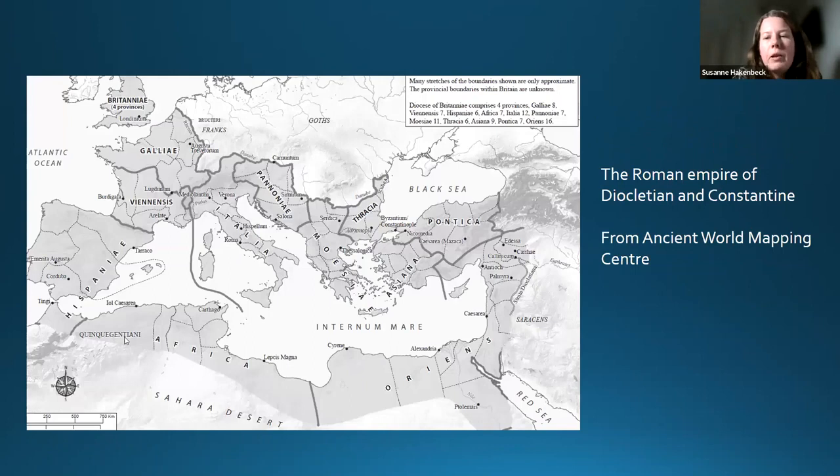So the importance of river frontiers of the Roman world is something that's been very long understood. So if we just look at this map here, we can see very clearly how certainly in Northern Europe, Rhine and Danube formed the northern boundaries of the Roman Empire.